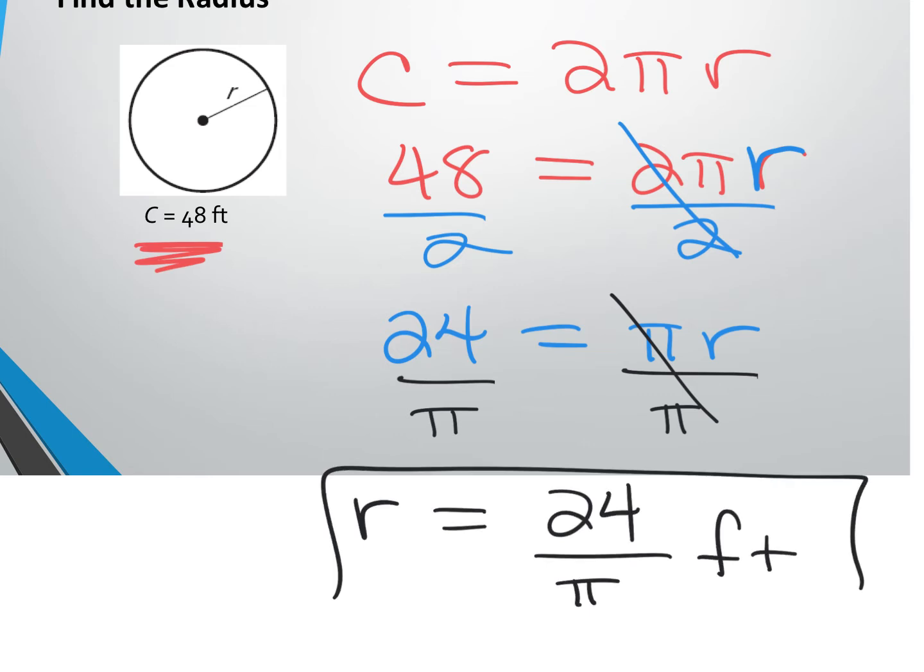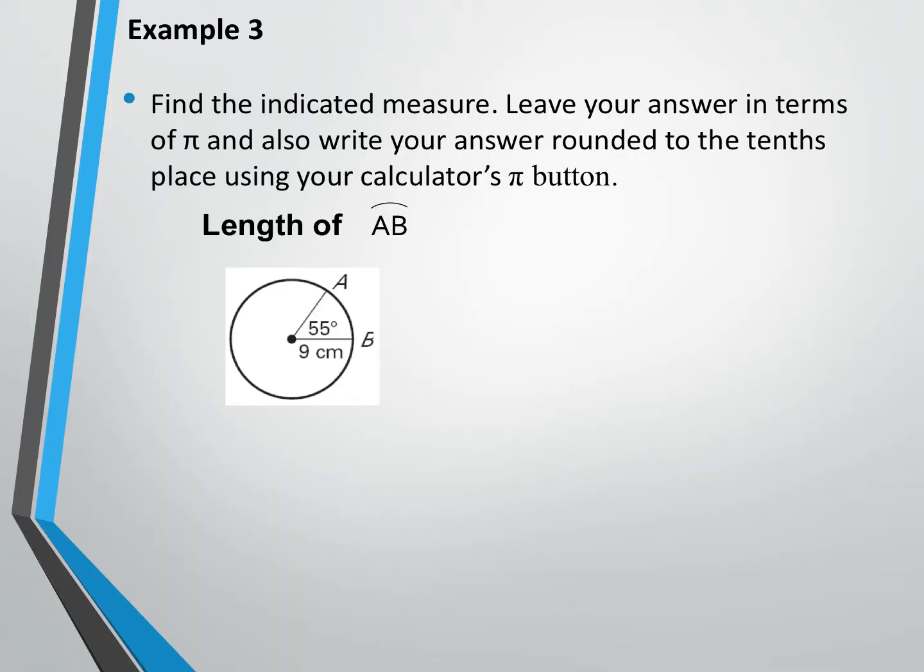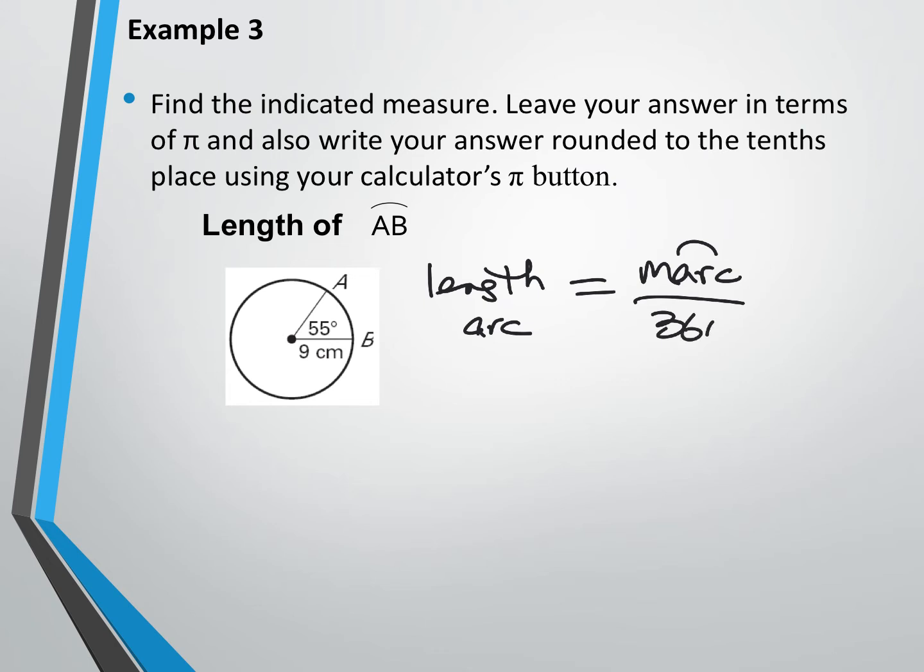If it asks for the decimal, you would actually have to divide by pi. But again, we're leaving it in terms of pi. It wants me to find the length of the arc. So what I'm going to do here, this was the formula that I showed you on the first slide. We're doing length of the arc is equal to measure of the arc divided by 360.